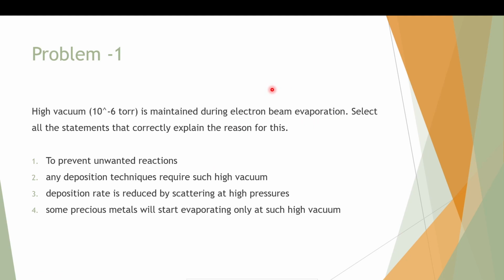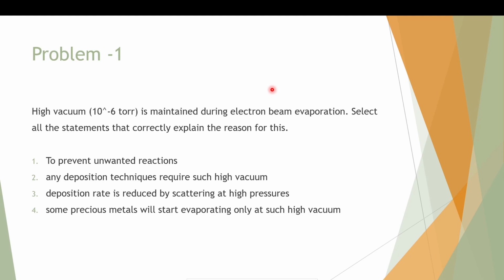In evaporation, we have some material, we evaporate it and deposit it on the substrate. The material is heated at one place and transported in the vertical direction towards the substrate. What will happen if the pressure is high? That will mean there are more particles in the chamber.